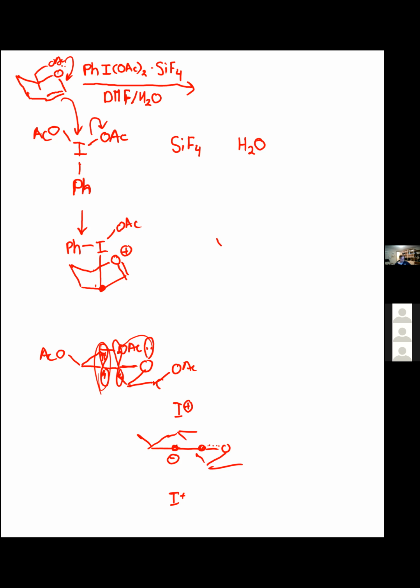It could either attack up or attack down towards the iodine, because the iodine can approach from either the top or the bottom face. Let's say we attack from the bottom face. Bottom makes sense, I draw it on the bottom.